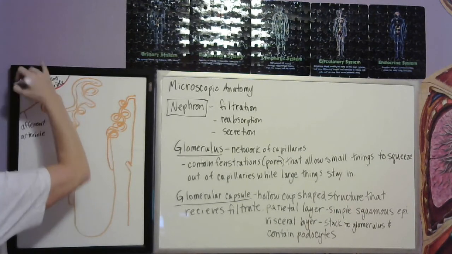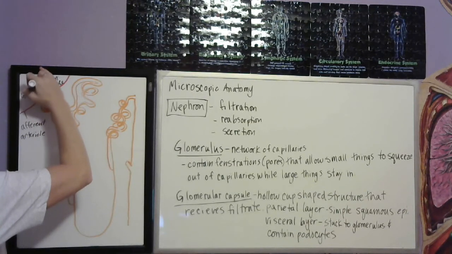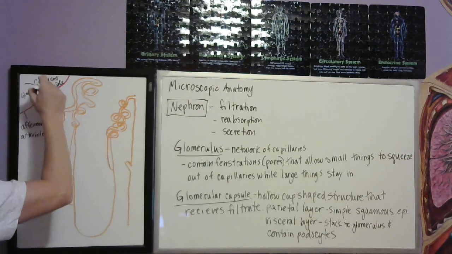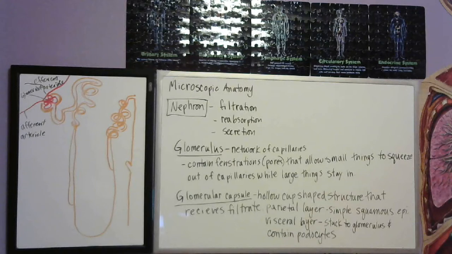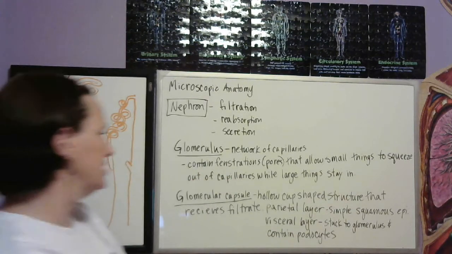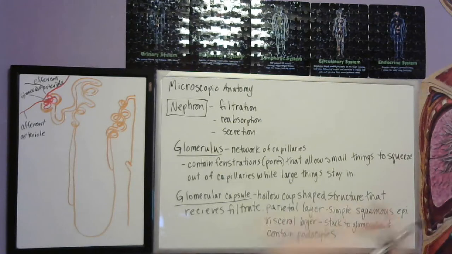In between, you have the ball of capillaries, which is called the glomerulus. It's got pores that allow small things to squeeze out of the capillaries while large things stay in. When we say small things, what are we talking about?